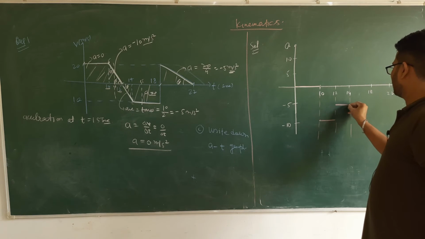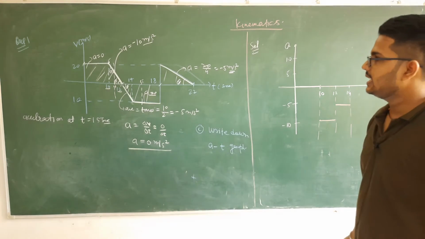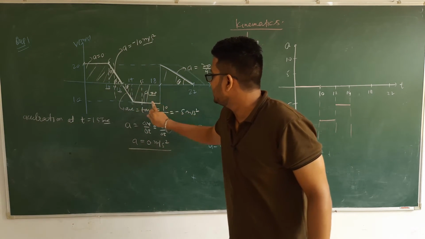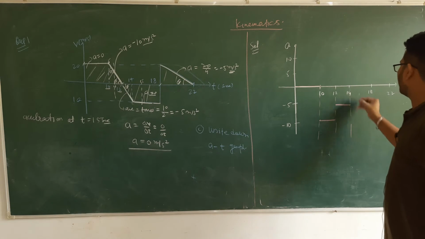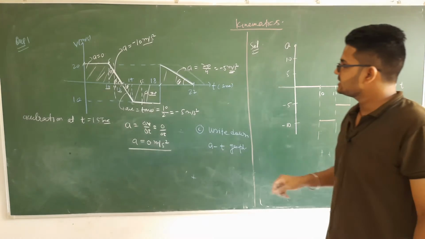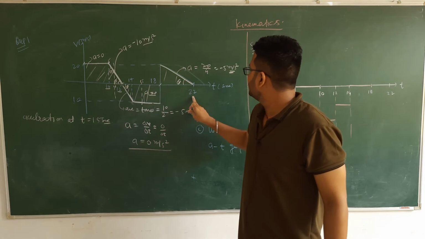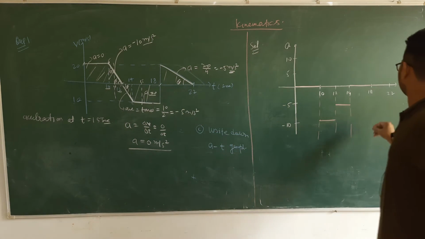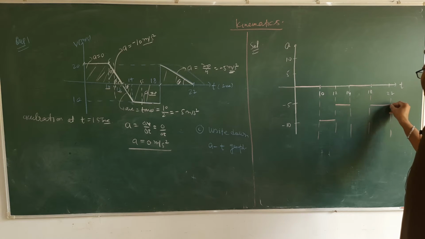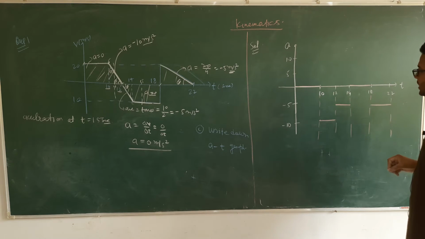The acceleration between 14 to 18 is 0. And the acceleration between 18 to 22 is minus 5.